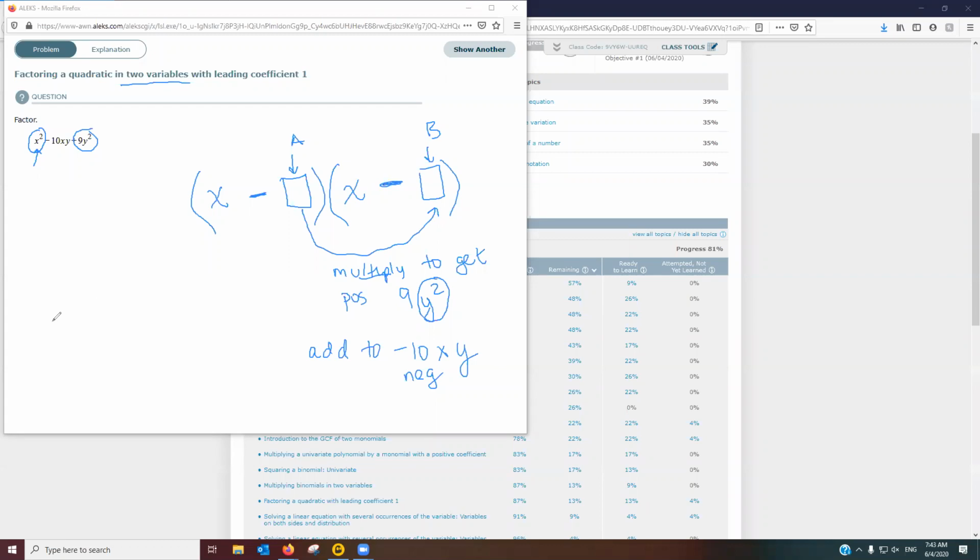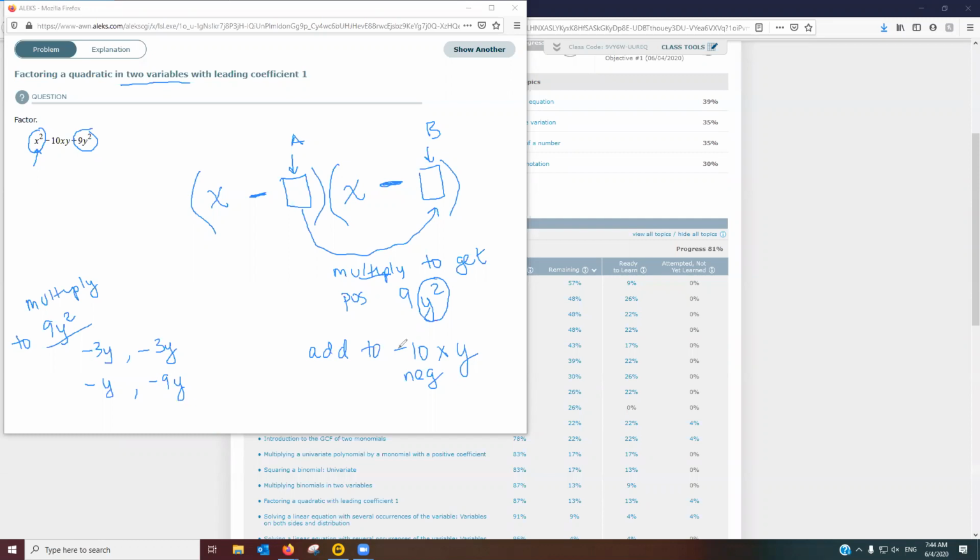All right, well, when I think about 9y squared, I could either use negative 3y and negative 3y, because negative 3y and negative 3y would multiply to 9y squared, or I might have a negative y and a negative 9y. Because again, those would multiply to get me positive 9y squared.